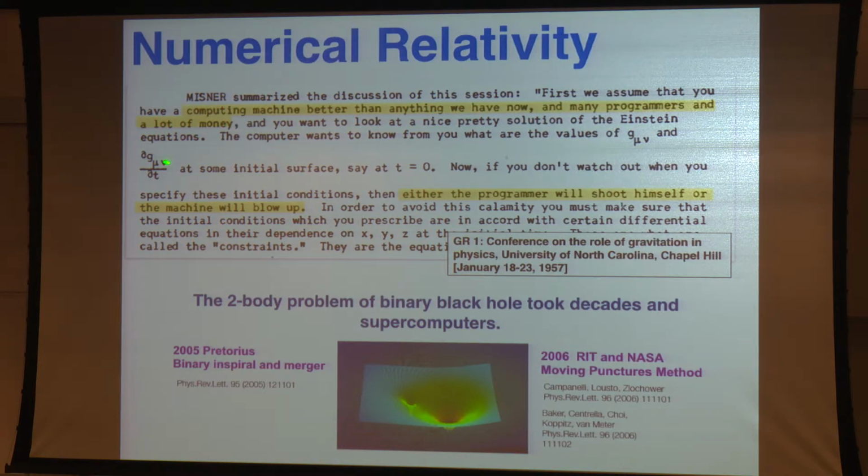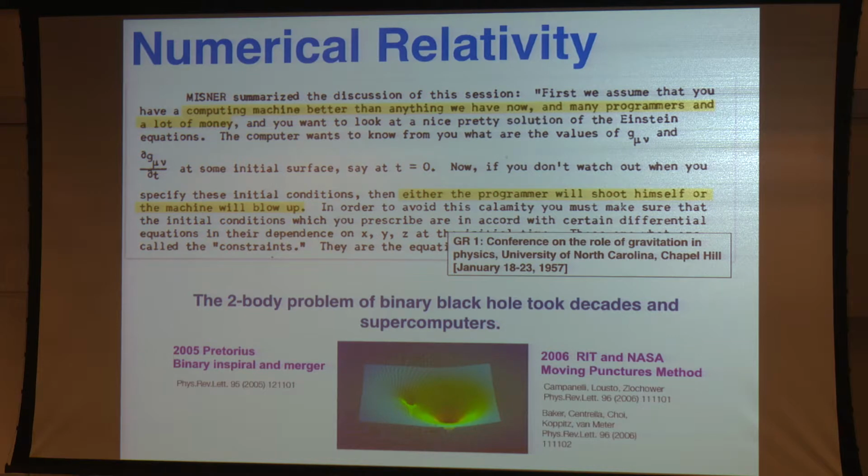And you want to look at nice, pretty solutions of Einstein's equations. So what he's pointing out is the hard part of doing initial conditions. And he's worrying that either the programmer will shoot himself or the machine will blow up. And the good news is, while that was a problem, not the shooting yourself, I don't know of any of that having happened in numerical relativity, but the machine did blow up.